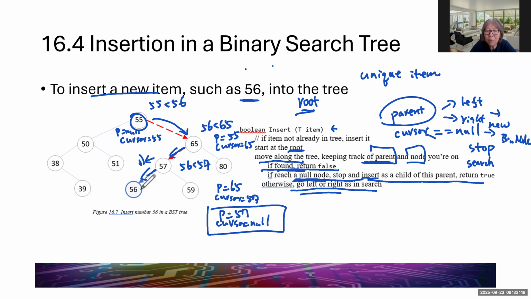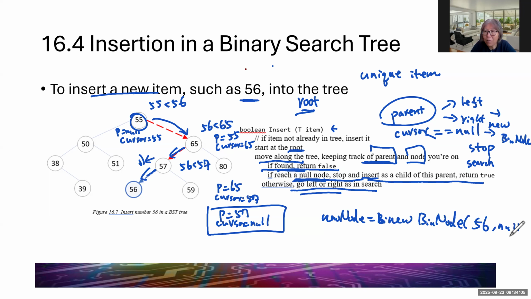We stop, then you create a new node. You create a new bin node with 56.